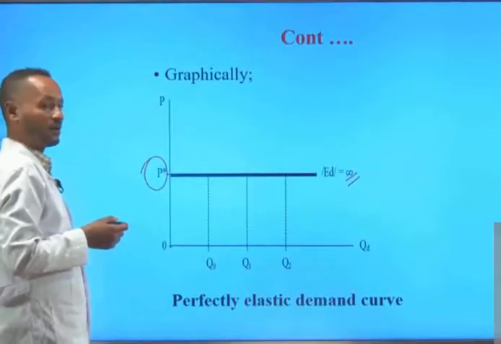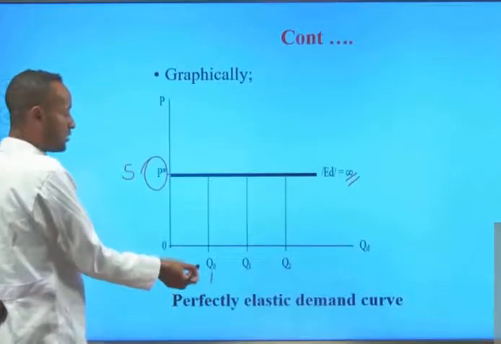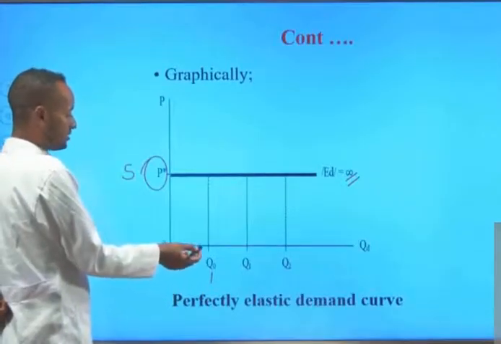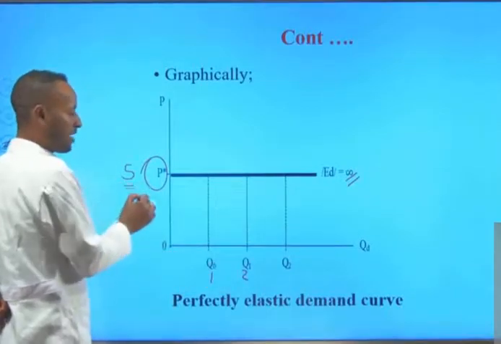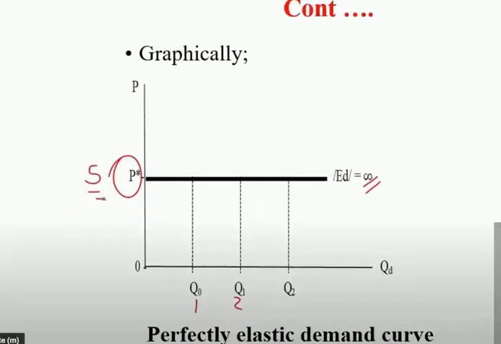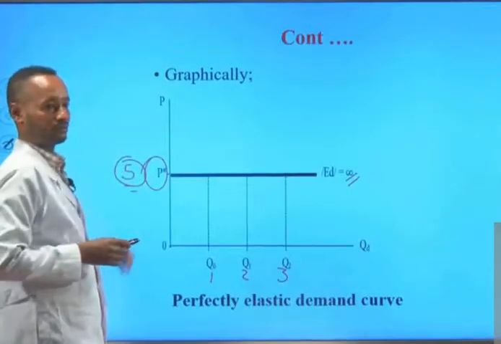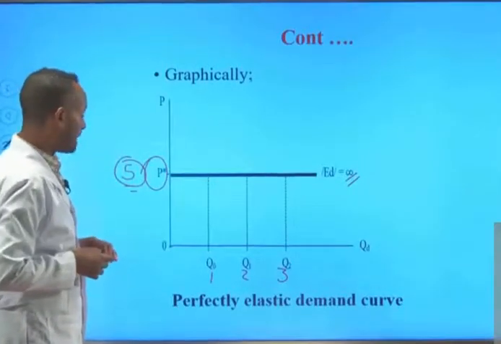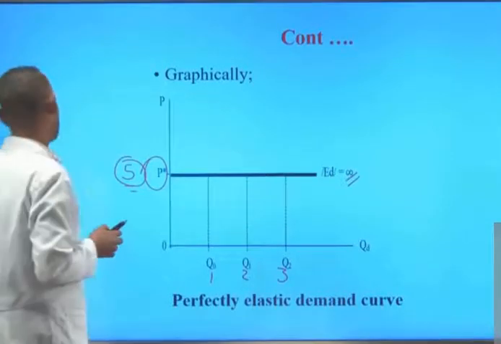For example, if the price of one automobile is $5, you will buy the first, but you will not expect a reduction in price to $4 in order to get the second one. You will buy it at $5, and finally, you will buy the third automobile again at $5 because the price is so cheap. So products with unexpected price discounts have perfectly elastic demand.